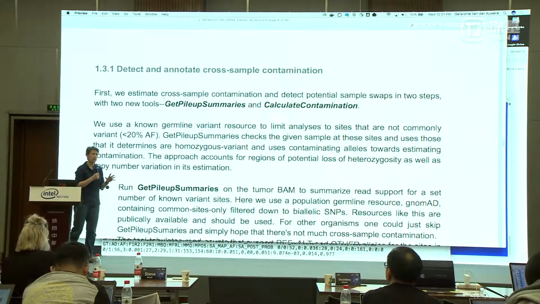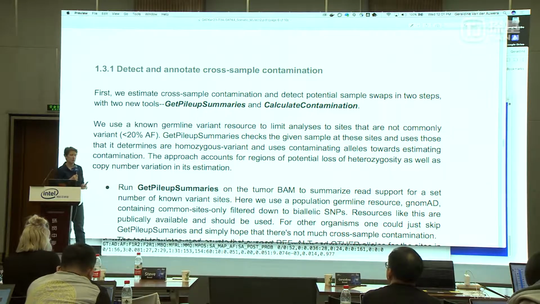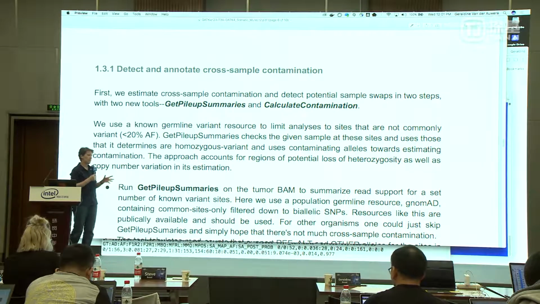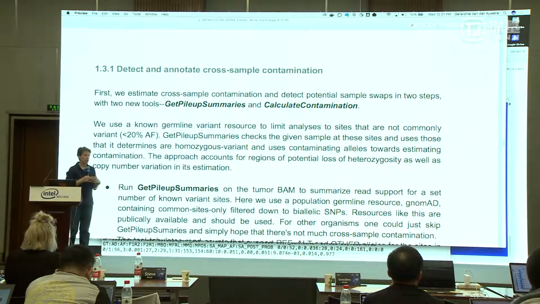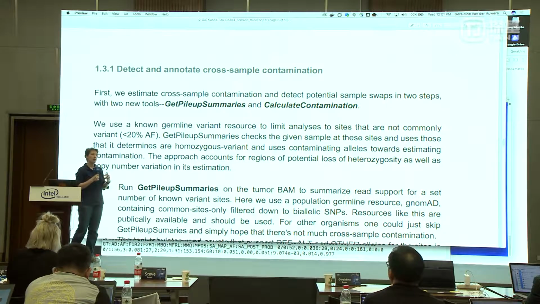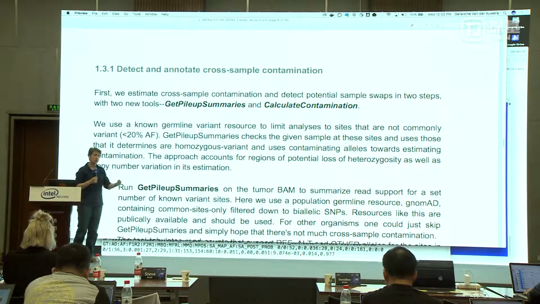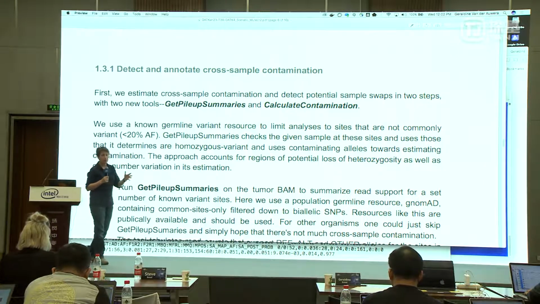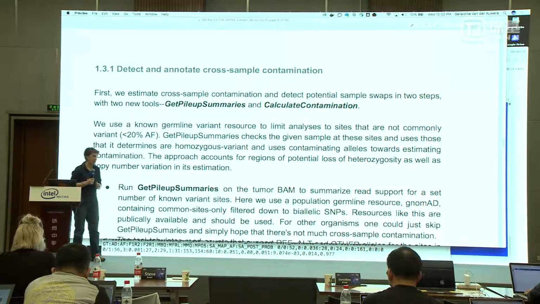And here I want to make it clear that when we talk about cross-sample contamination, it's specifically the kind of contamination that happens, for whatever reason, whether the experimenter was a bit sloppy, or at the level of collecting and preserving the samples. Humans are not perfect, humans are not machines, and even machines have some capacity to be contaminated.